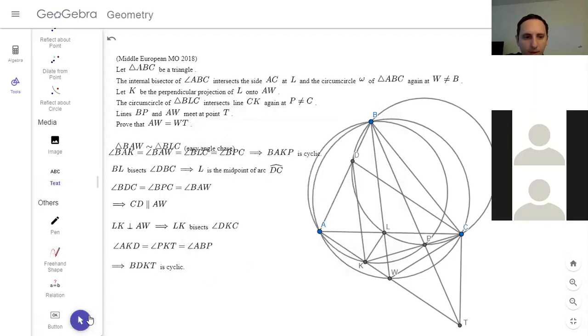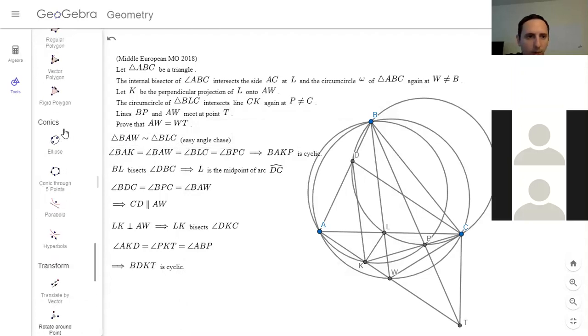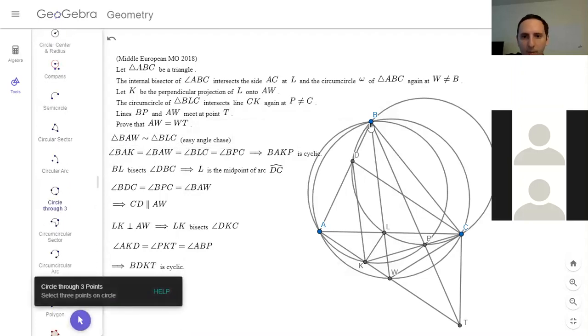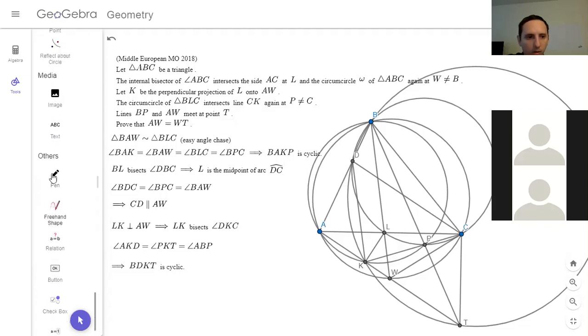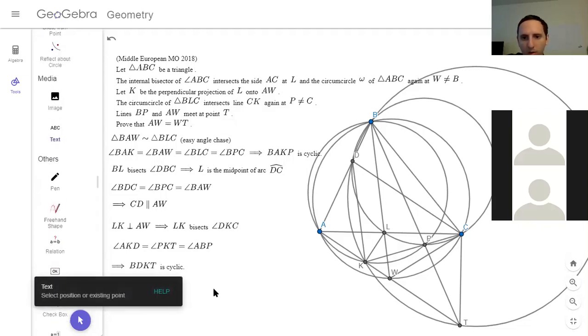So, all right. And then once we know that BDKT is cyclic, now it's just power of a point. AD times AB equals AL times AC, and AD times AB equals AK times AT.